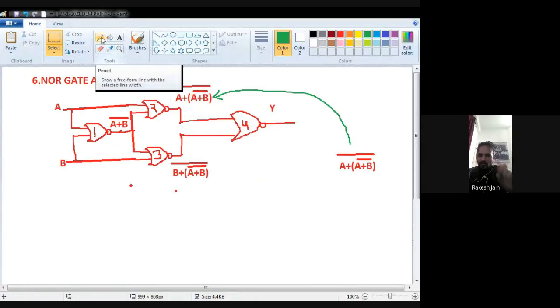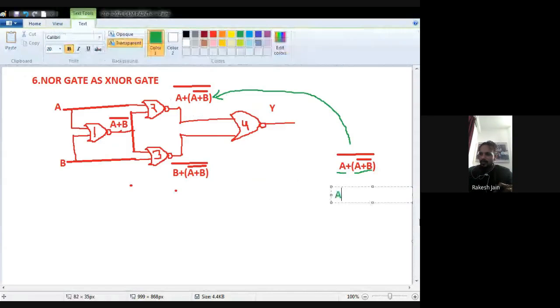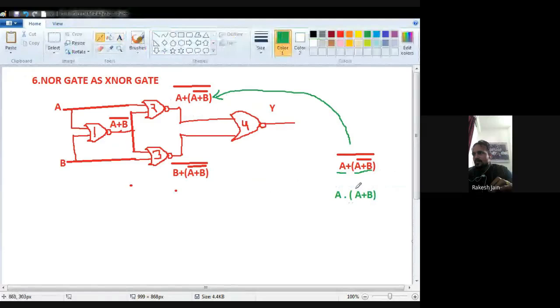By the De Morgan theorem, two things with addition to each other having a bar, then De Morgan theorem states that write down those two things separate converted into a dot. The plus in between those two things will be converted into a bar. First thing is this A, and second thing is A plus B bar. So first is A, then plus will be converted into a dot, and the second thing is A plus B, having a bar.